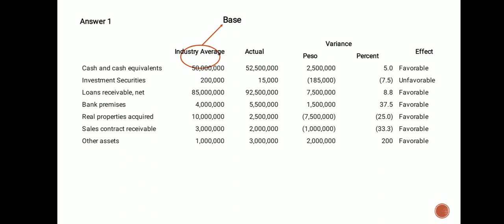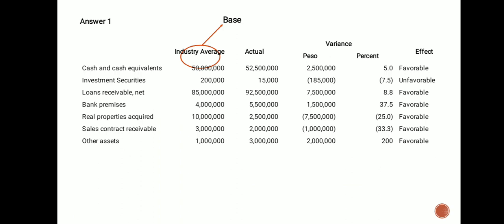Okay. So for cash and cash equivalents, there is an increase of 2,500,000, which is equivalent to 5.0%. So how it is computed, first we're going to determine the absolute amount of change in peso. So we're going to compare the actual against the industry data or industry average to get the absolute amount in peso.